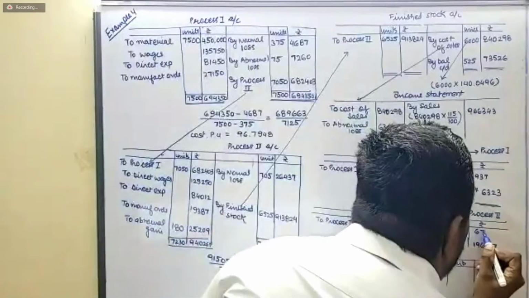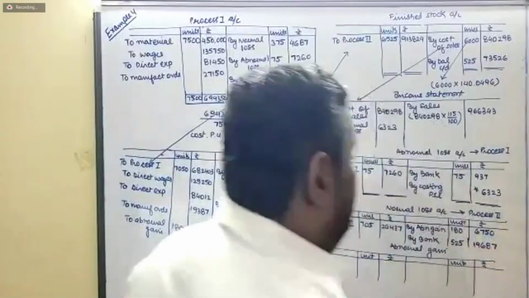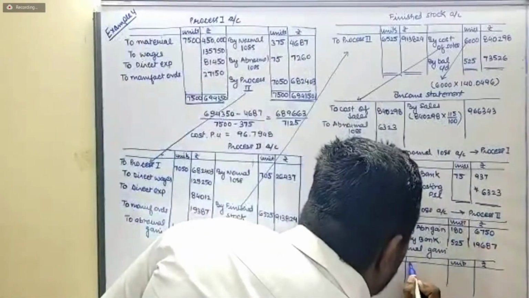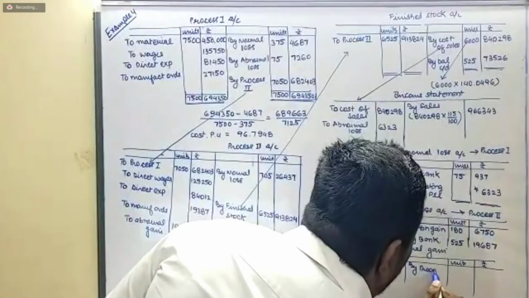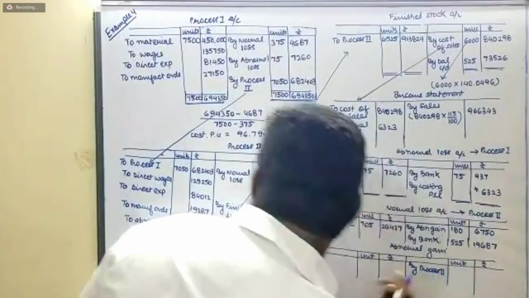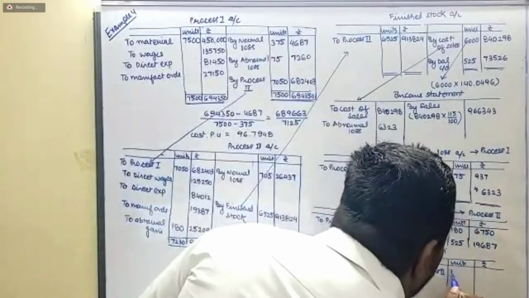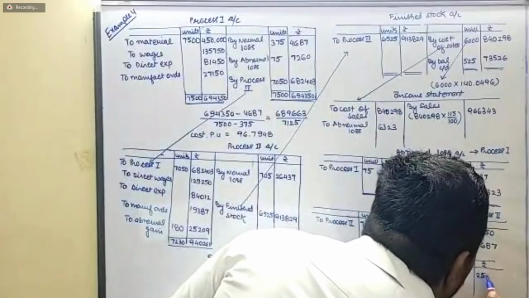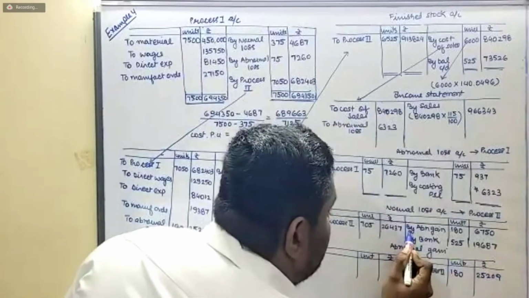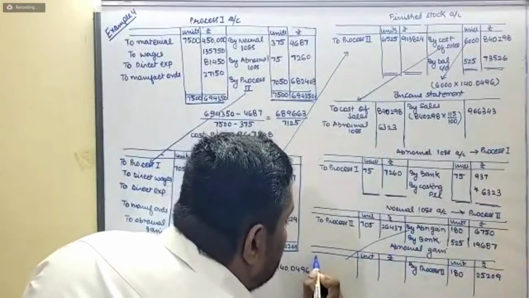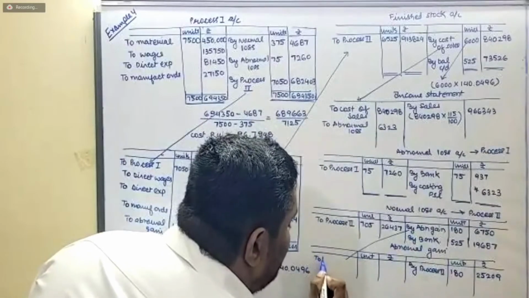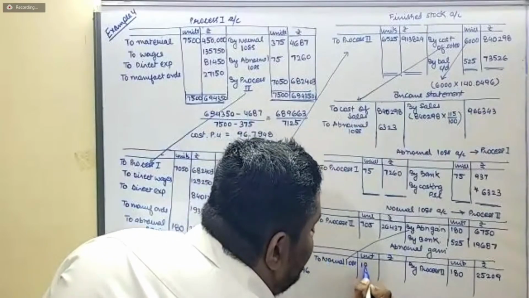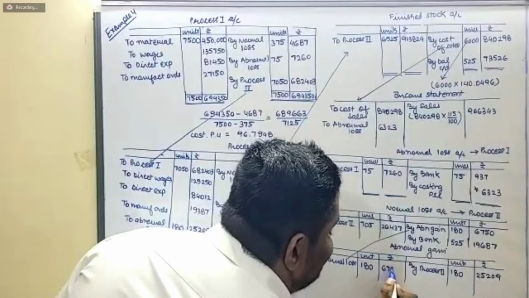So this will be transferred to abnormal gain, 6750. So when talking about abnormal gain, by process second, 180 units and 25209. This will be transferred from normal loss account to normal loss, that is 180 and 6750.